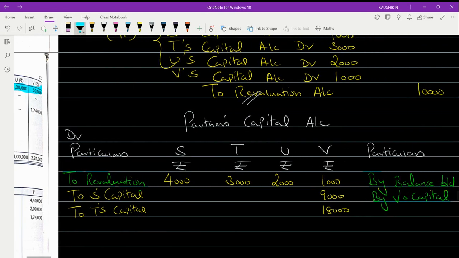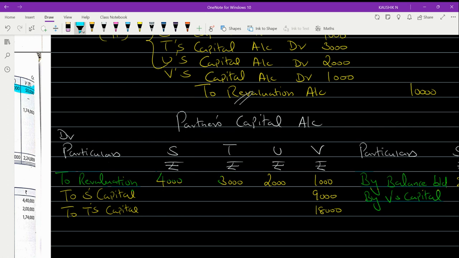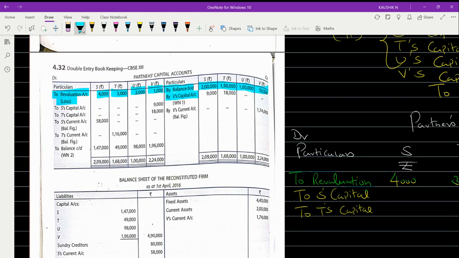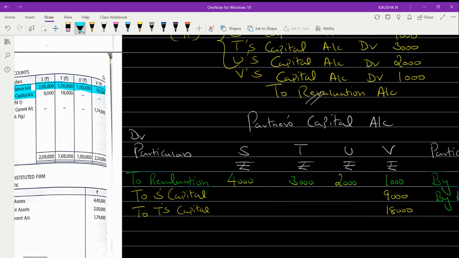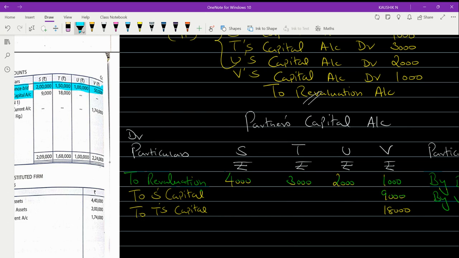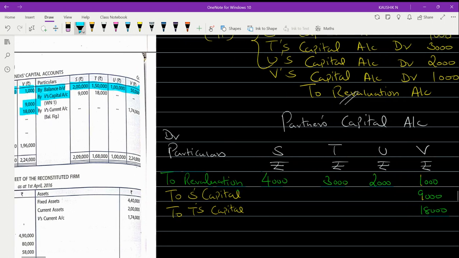Here also we have mentioned the values as 4321, followed by S capital and T's capital, 9,000 and 18,000. Even here 9,000 and 18,000. These values we have recorded. Any doubt in understanding these values, let me know how I brought it, from where I brought it. If you're clear, then we'll move on to the next step. Any doubt up to this?